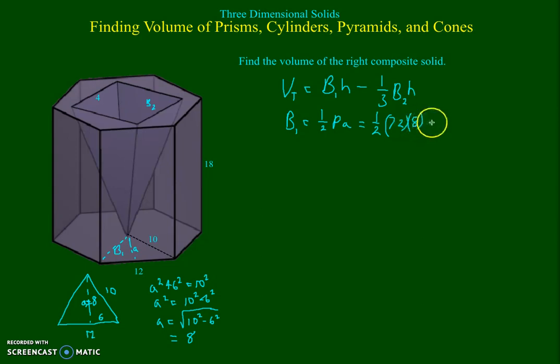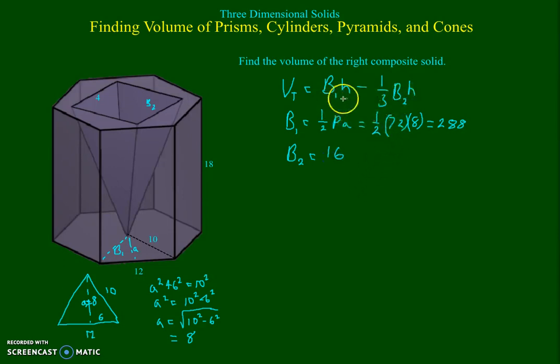And that comes out to exactly 288. Now we can turn to our big B2 here, and big B2 is really easy because it's just 4 times 4. This is a square base. So big B2 is 16.